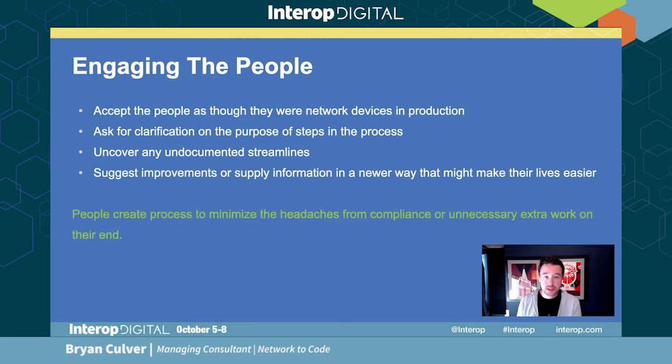People create processes to minimize the headaches from compliance or unnecessary extra work on their end. They may not know all the possible ways to consume information and make the proper judgment call if a process is incorrect or inefficient. As people become smarter, so do the processes they create.